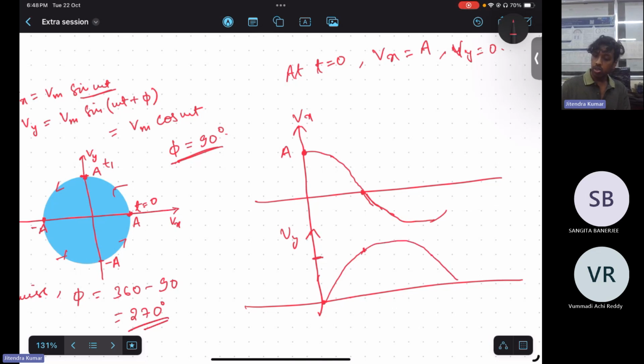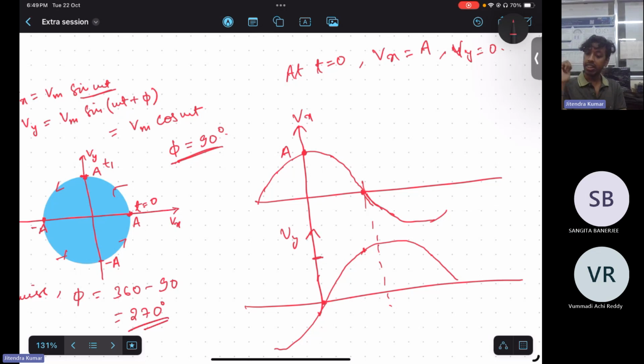So there is certainly a phase difference of 90 degrees, but which one is lagging? By just seeing this curve, this zero crossing and this maximum, which one is lagging or leading? You tell me. So the Vy curve is lagging and Vx is leading Vy.